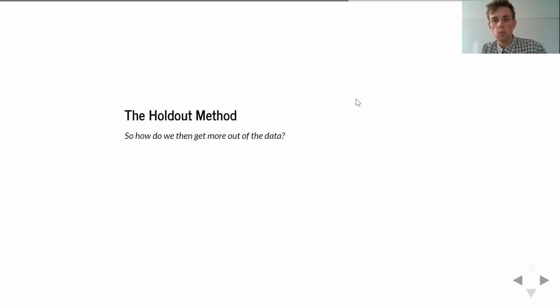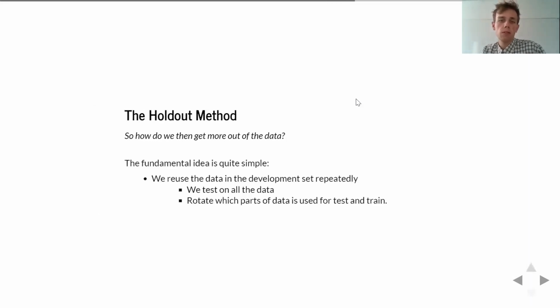So how do we get more out of the data? The fundamental idea in what we're going to see on the next slides, different variations of a holdout method, is that we want to reuse the data in the development data set repeatedly.